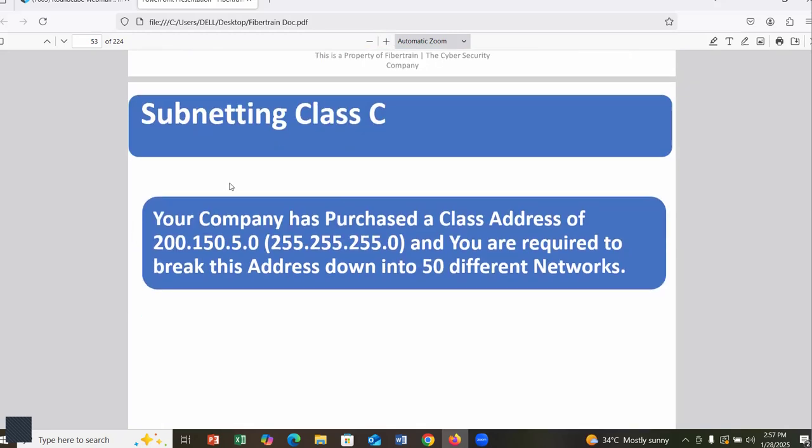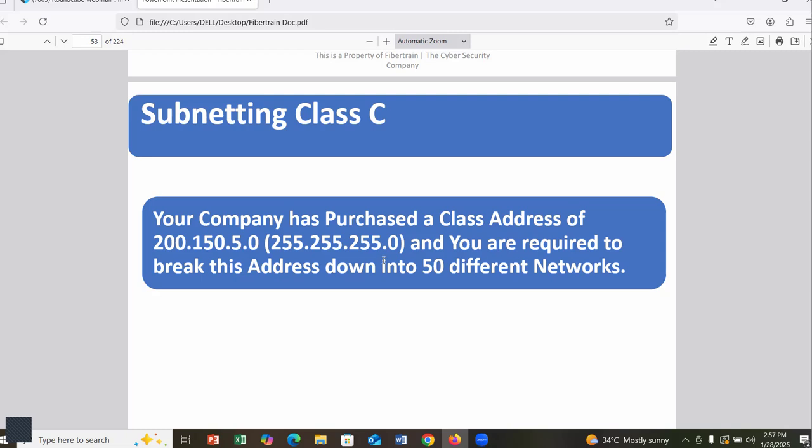So here is a subnetting question for class C. This question says your company has purchased a class C address of 200.150.5.0 with a subnet mask of 255.255.255.0, and you are required to break this address down into 50 different networks.